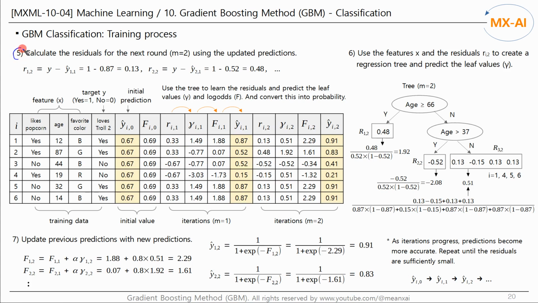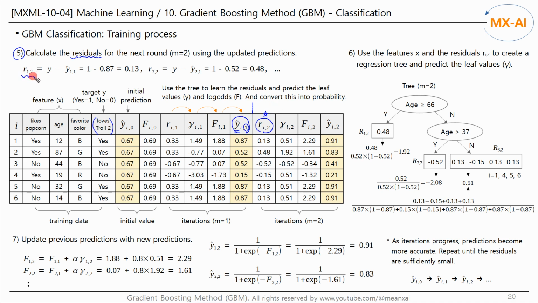Step 5 recalculates the residuals using the newly predicted y-hat. On the previous page we calculated the y-hat for the first round. Now we use the difference between the y-hat and the actual y values to calculate the new residuals, r.